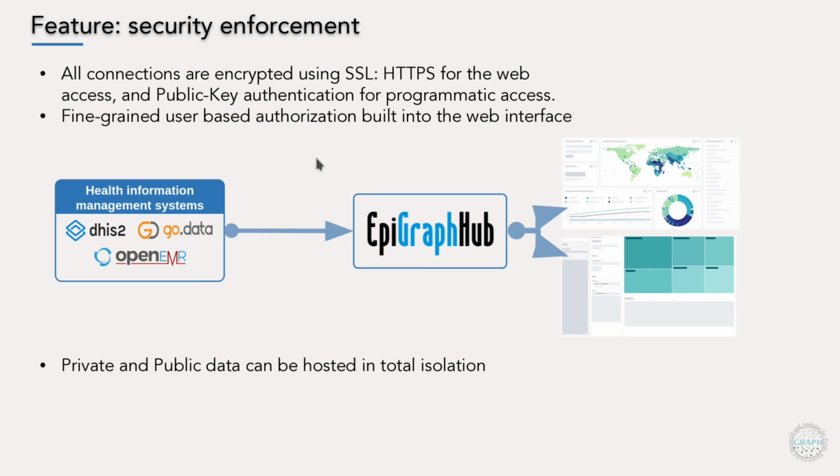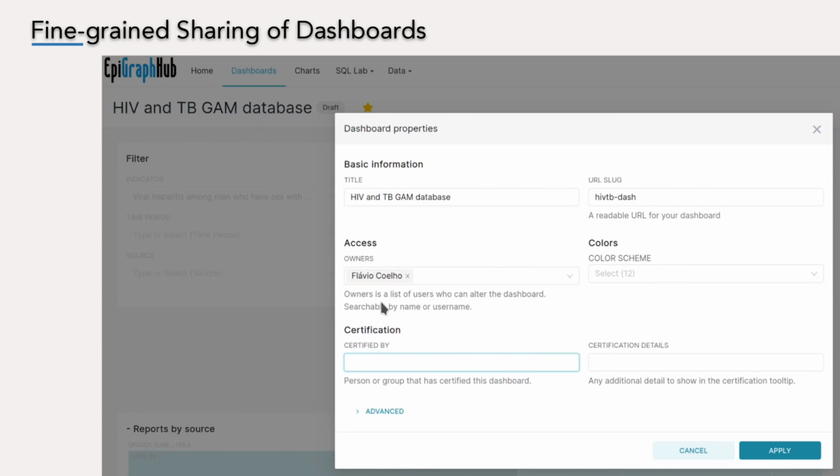And you also have a built-in fine-grained user-based authorization layer to let you manage your data and the access to your data any way you want. You can even, before you finish creating a dashboard, assign which users will have access to it.